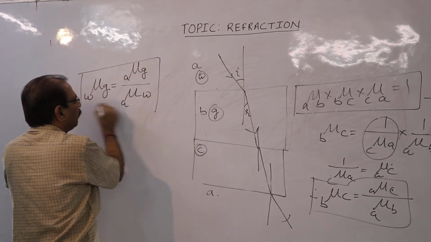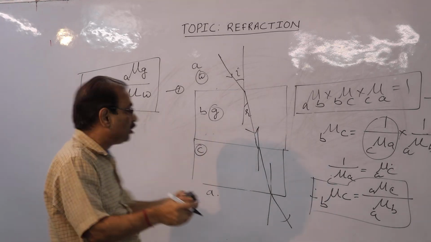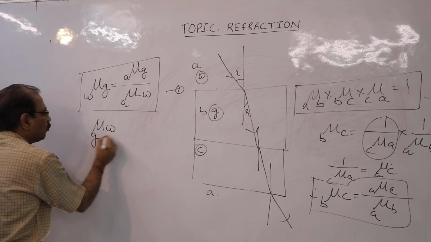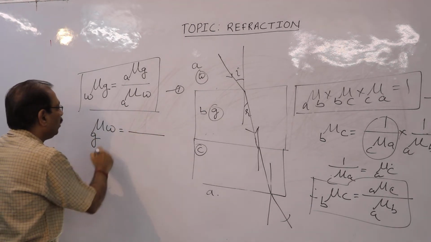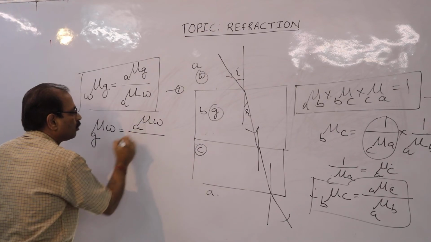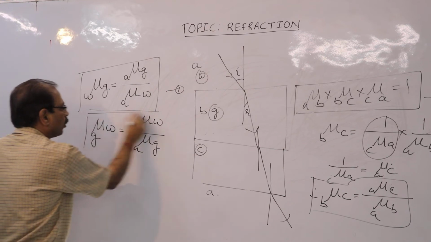Alright. Number 1. If you are given another question, find out mu of water with respect to glass, then it would be just mu of water absolute divided by mu of glass absolute. Alright.